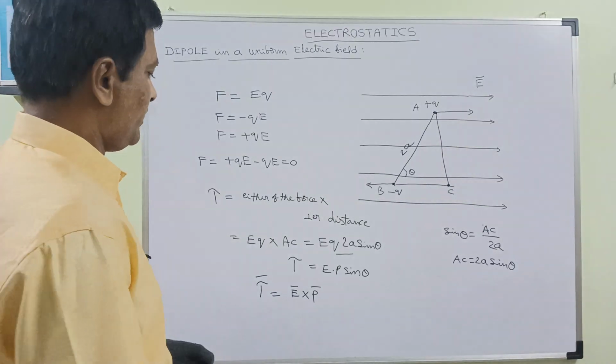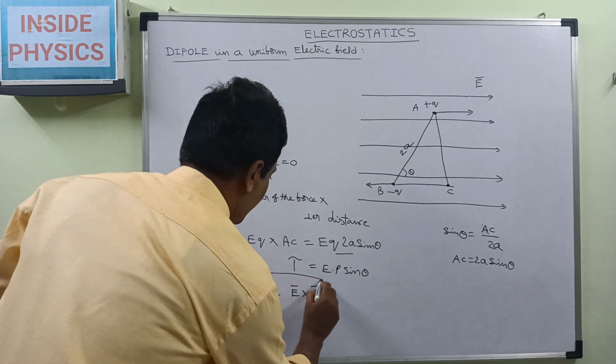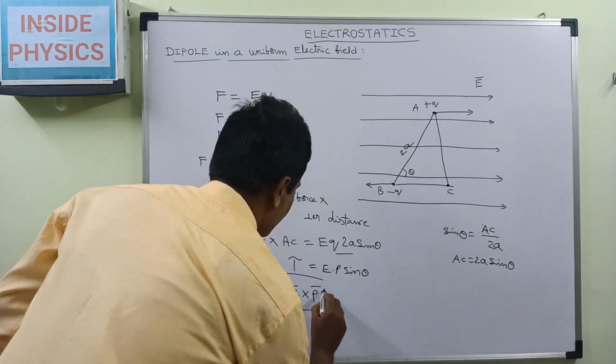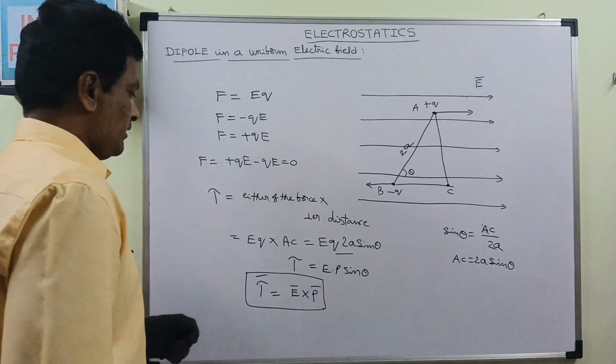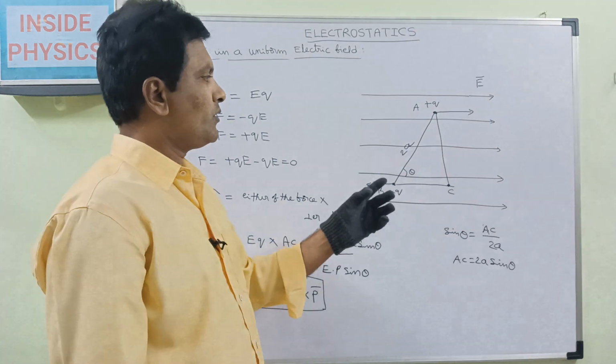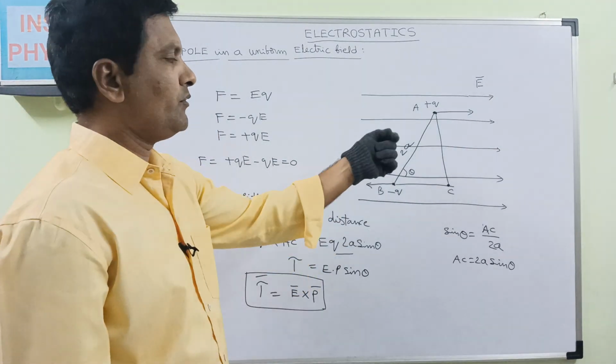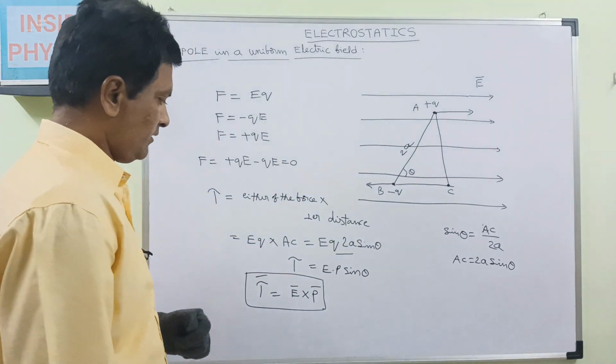This is the couple acting on the dipole, which causes the dipole to rotate in a uniform electric field.